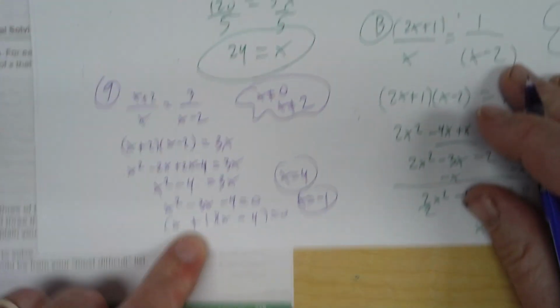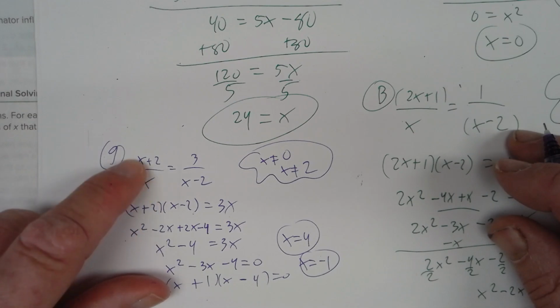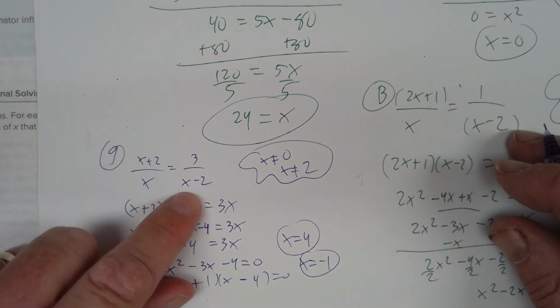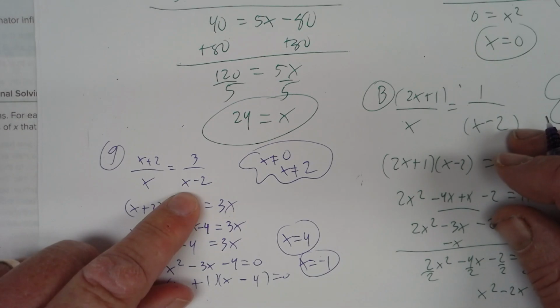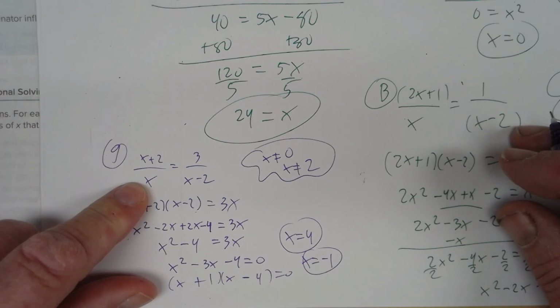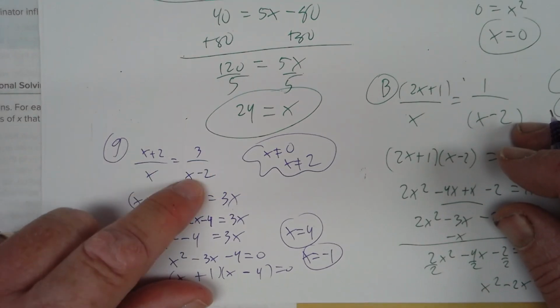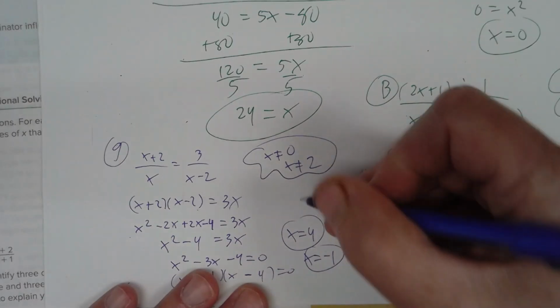So if I put 4 here, I get 6 over 4, which is 3 halves, right? And if I put 4 there, I get 3 over 2, which is 3 halves. So if I put negative 1 in here, I get 1 over negative 1, which is negative 1. And if I put negative 1 there, I get 3 over negative 3, which is also negative 1. So yeah, these are good solutions.